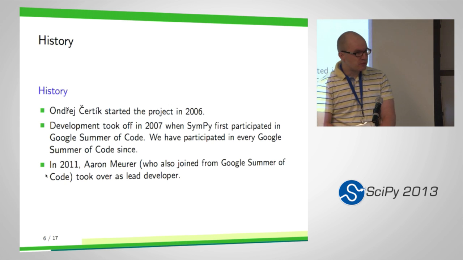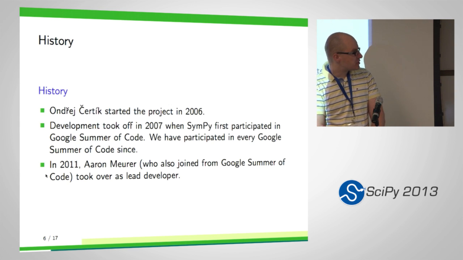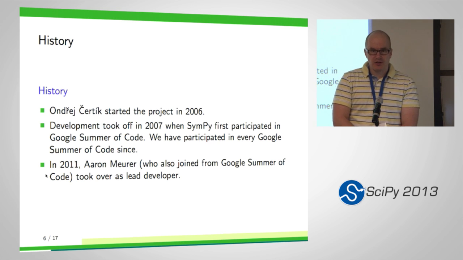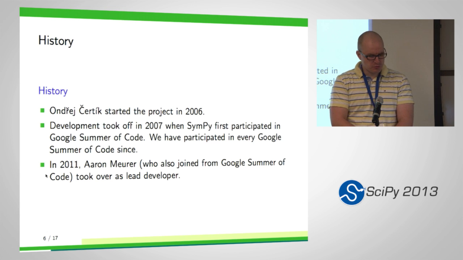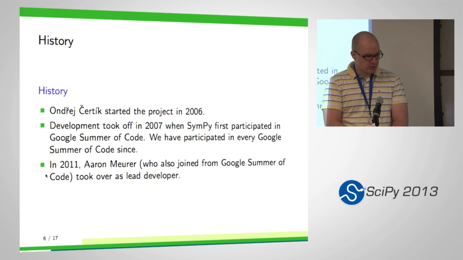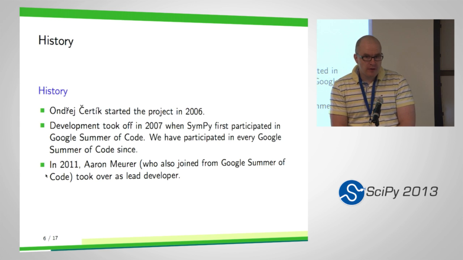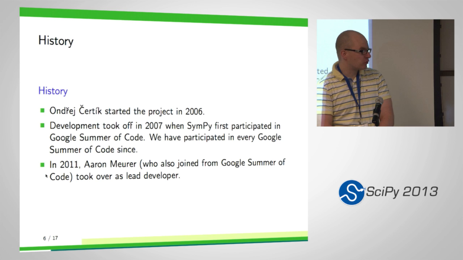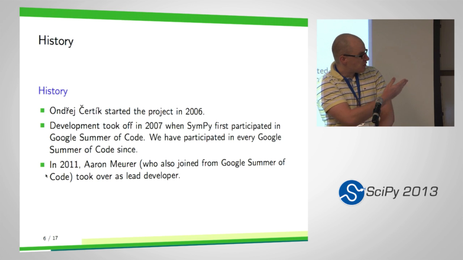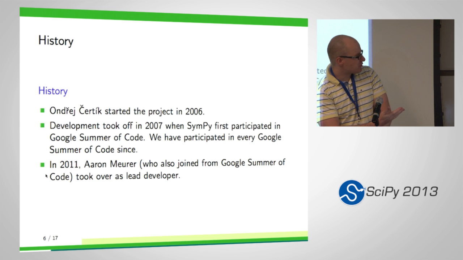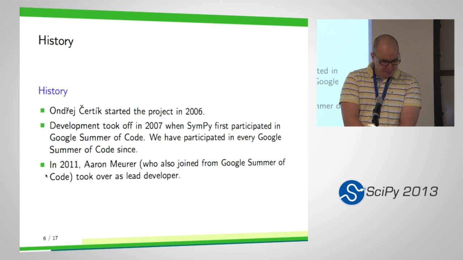Let me just very briefly mention some history of SymPy. I started the project in about 2006, and most of the development has occurred from 2007 and later, when we took part in Google Summer of Code. In case you are not familiar with Google Summer of Code, Google is paying students to work on open source projects, and we have taken part in it since 2007, so it's like 5 or 6 times already.